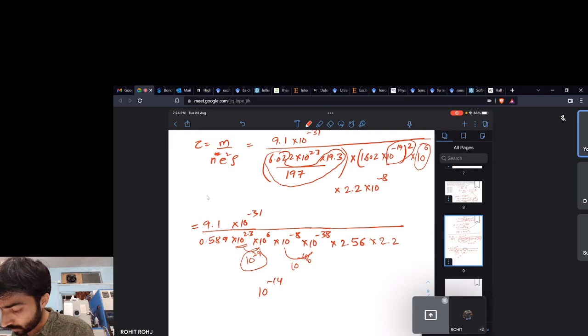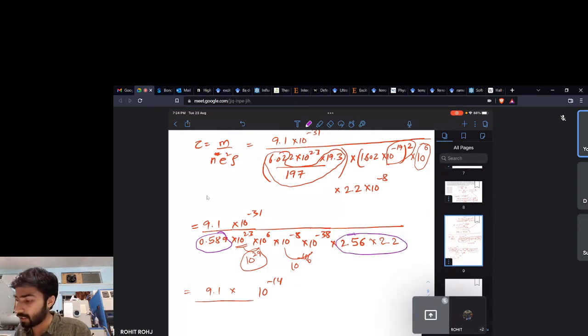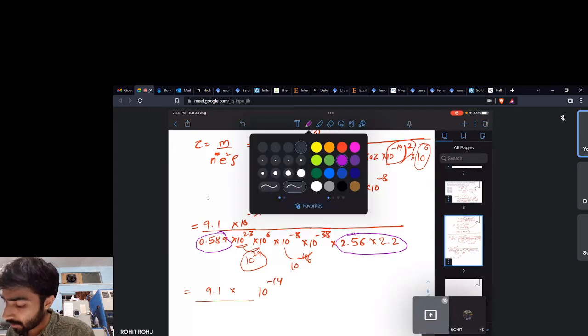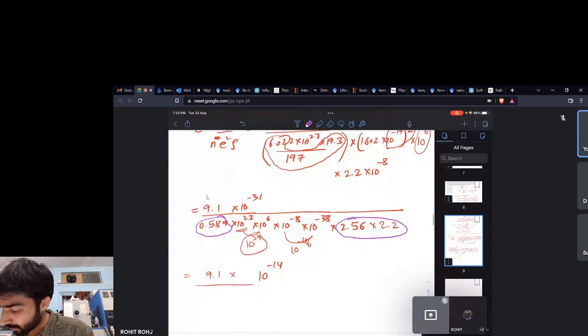The terms left in the denominator are 9.1, this term and these two terms. All other terms are powers of 10, which we have already taken care of.